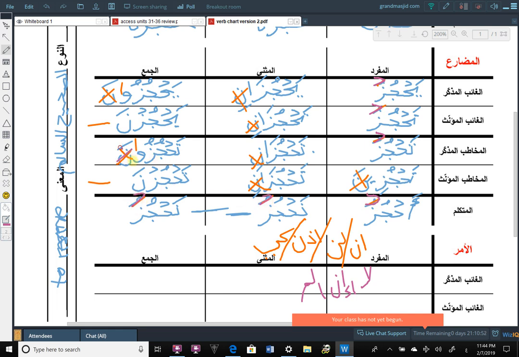And then again, all of our noons are going to be there. We'll add these alifs to protect. So on and so forth, right? And these two, third person feminine and second person feminine plural, they're going to remain mabni. They're not going to change because of that noon of niswa.